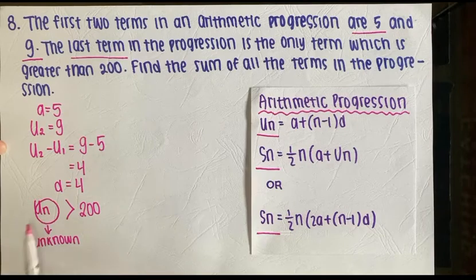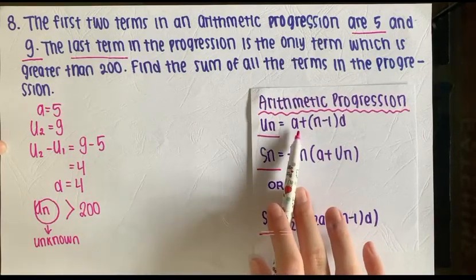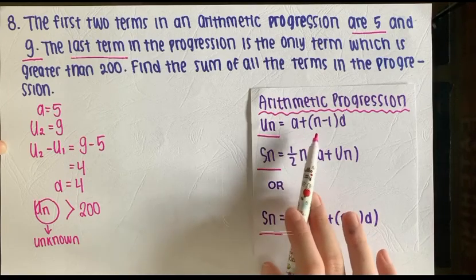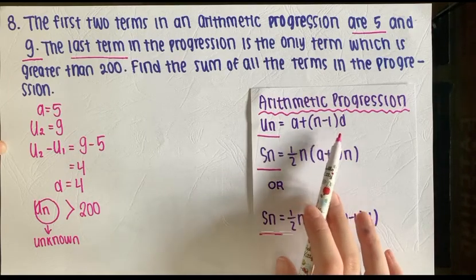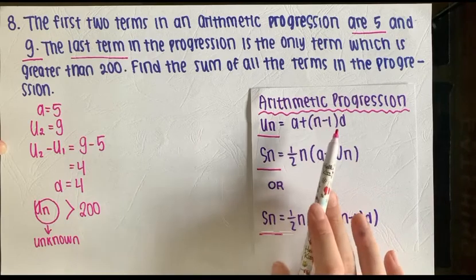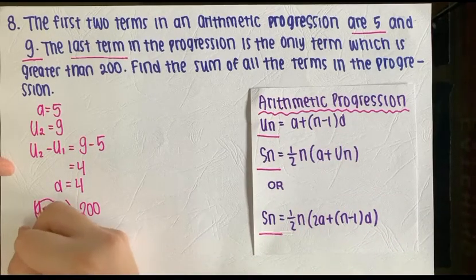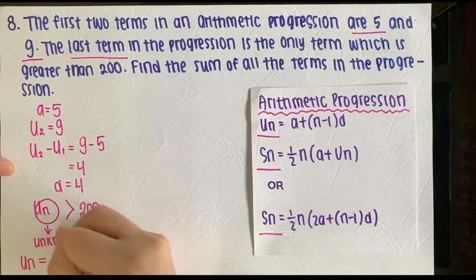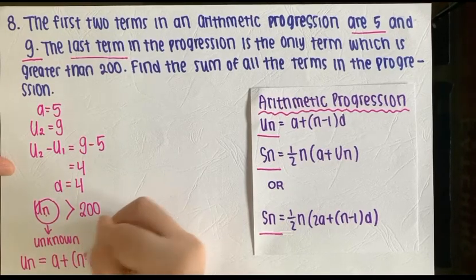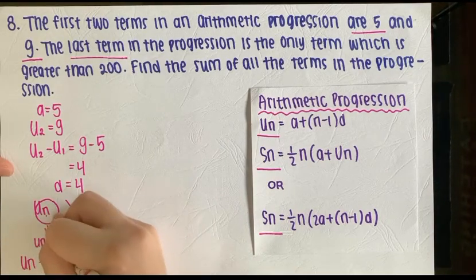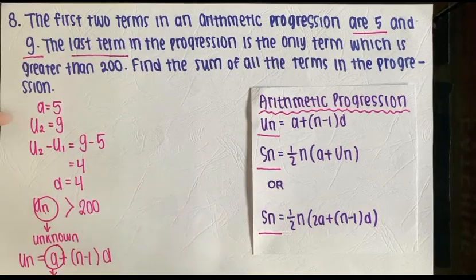You see here in the formula, it's stated clearly that un is equal to a plus, inside the bracket, n minus 1, times d. Substitute that here.